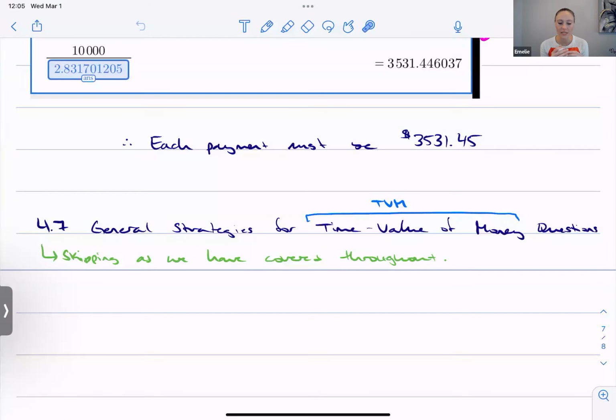Make a list of all the dates that you have, sort them so they're chronological, and then put them on the timeline. That's a good place to start. Then start putting the dollar amounts on there, and then start figuring out which way the money is moving. And so we've already kind of talked about that.